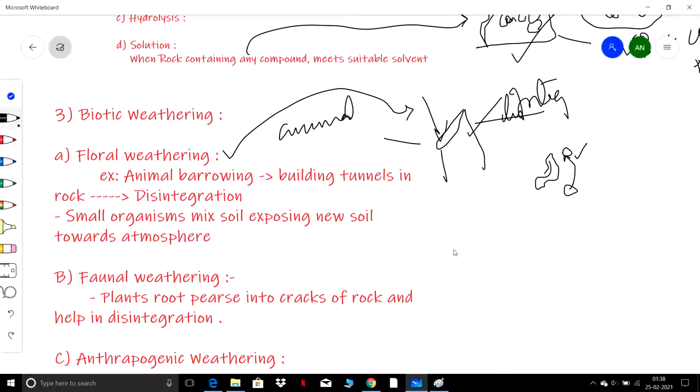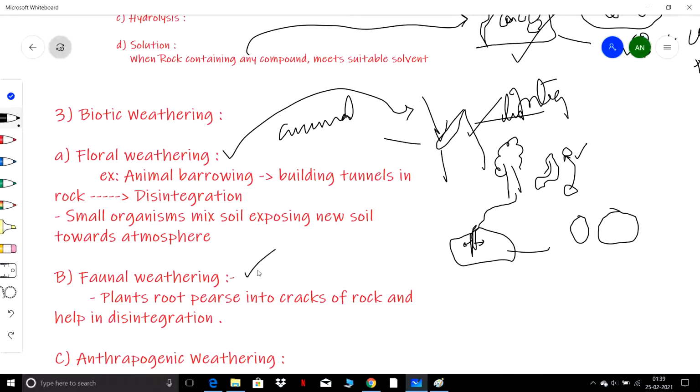Floral weathering is when the rocks have certain cracks. Here it's a tree. If the roots of this tree penetrate this crack, as the roots expand, the cracks also expand, and finally it leads to disintegration. This is called floral weathering.